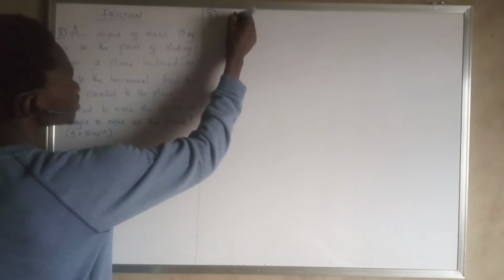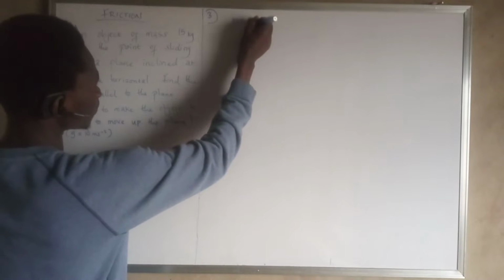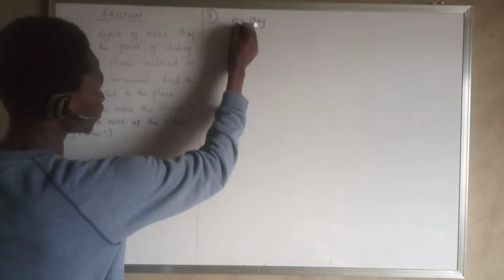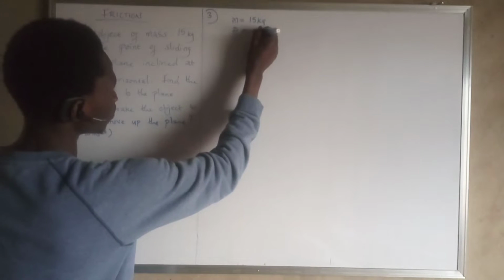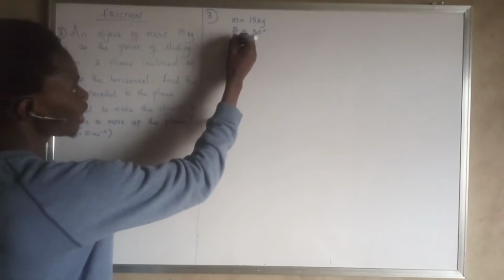Mass of the object, 15 kilograms. The object is on an inclined plane of an angle 30 degrees to the horizontal. In this case, we can find the coefficient of friction using tan of the angle given.